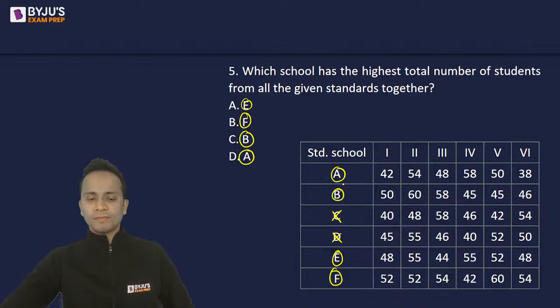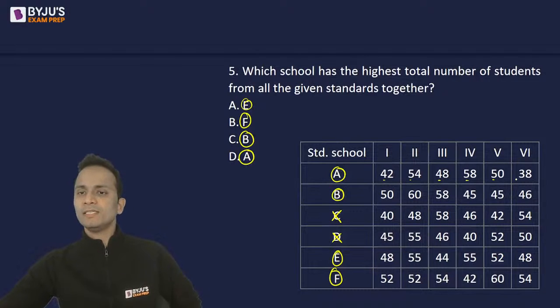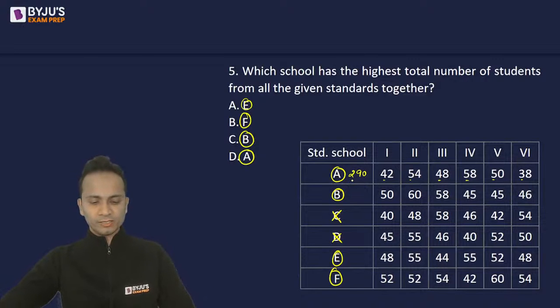Now school A, can you tell me the number of students while I'm counting? School A. So 90, 130, 230, 260, 290. So 290 is the number of students. Okay. School A 290. Then school B, 11, 16, 20, 28, 280, 290, 304.